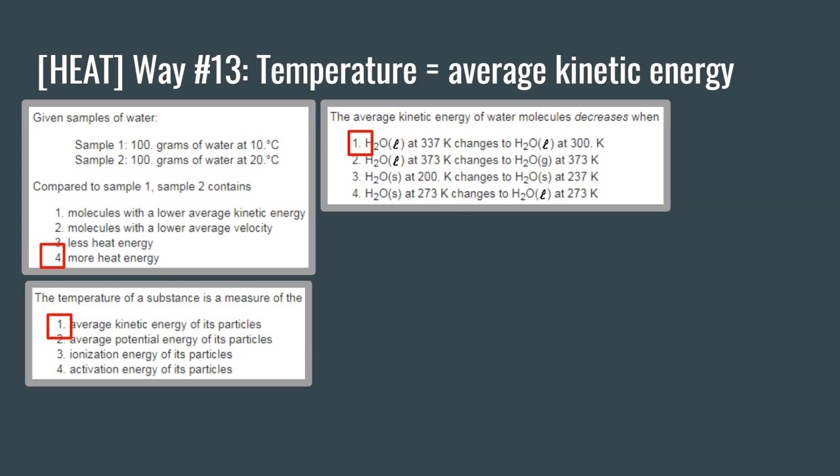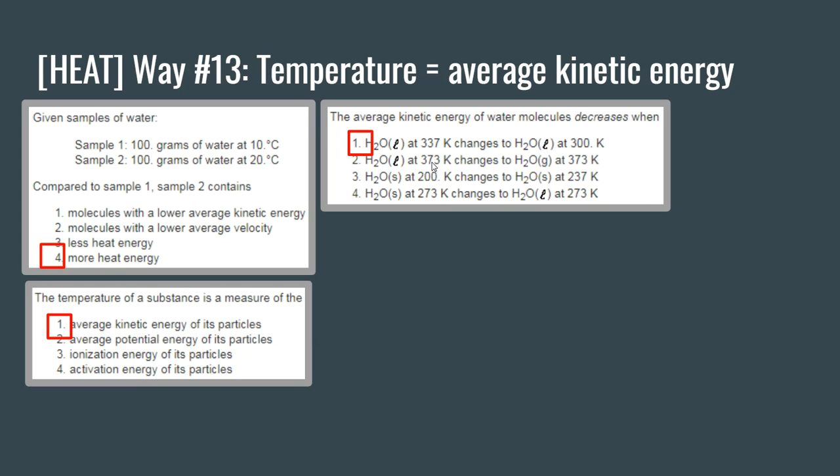After looking at the answer choices, the only one that shows a decrease in average kinetic energy should show a corresponding drop in temperature. Note that we start at 337 Kelvin and drop to 300 Kelvin.